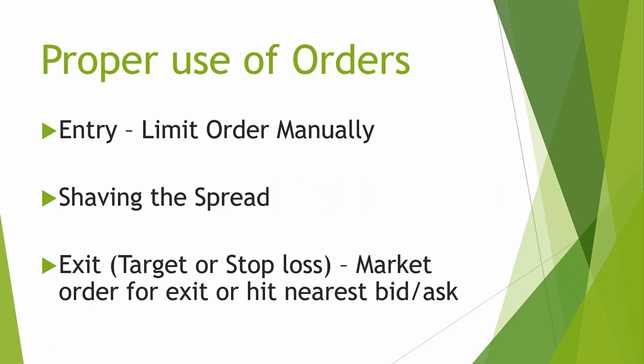What is the meaning of shaving the spread? This means entering between the bid and ask price. For example, if a certain option shows bid at 40 and ask at 42, the difference is 2 points. This is less than 10% difference, so it is an acceptable range.